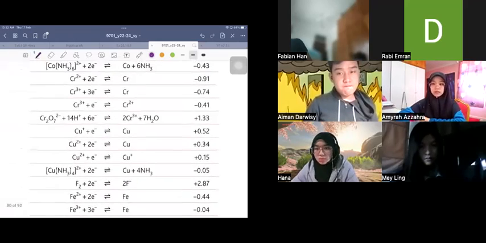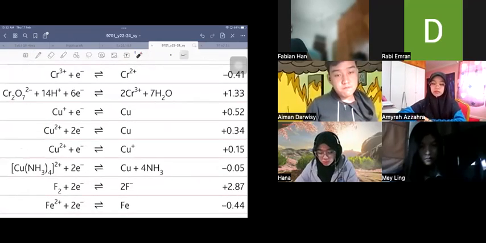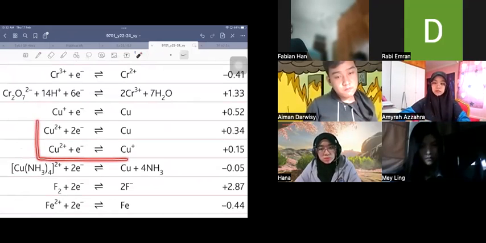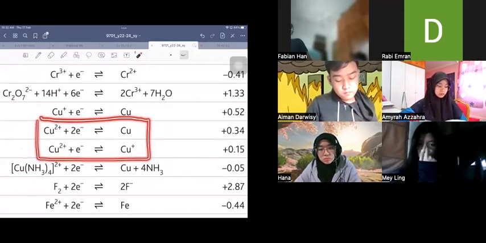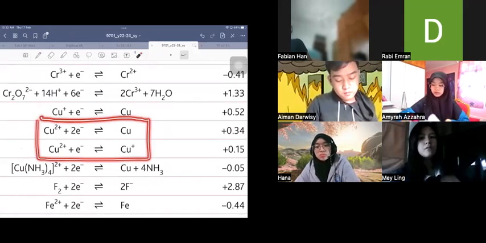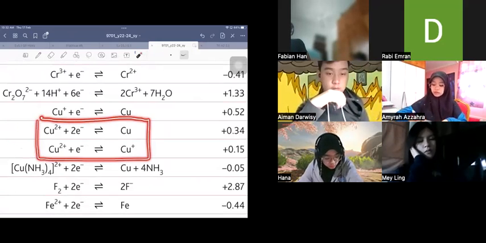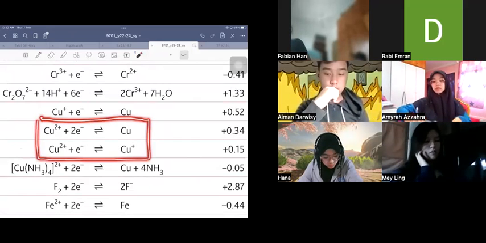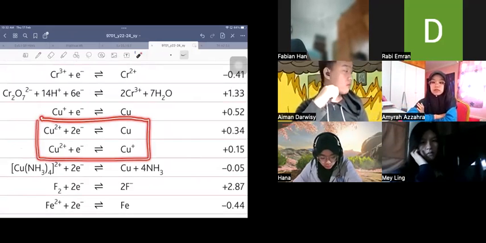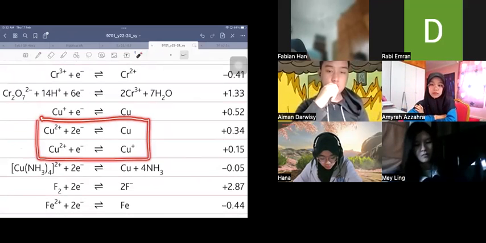Now, another thing that I want to point out: if you notice copper, since we know it's copper 2 plus, there are two half equations here. And if I didn't give you the equation, you would question, which one do I use? Which value do I use? Now remember that electrolysis is always to extract or to give out elements.